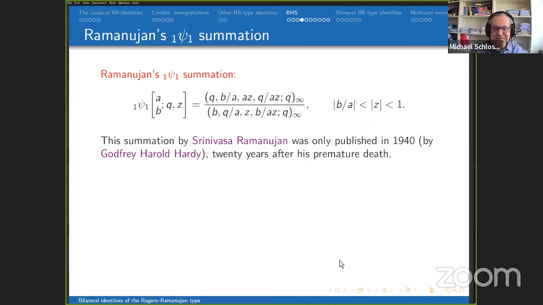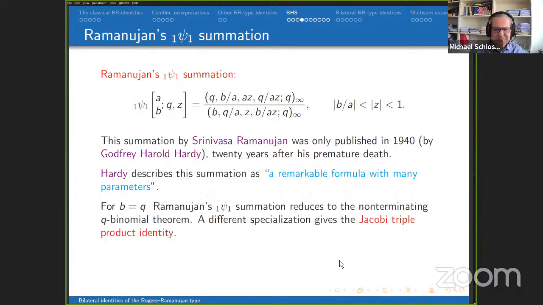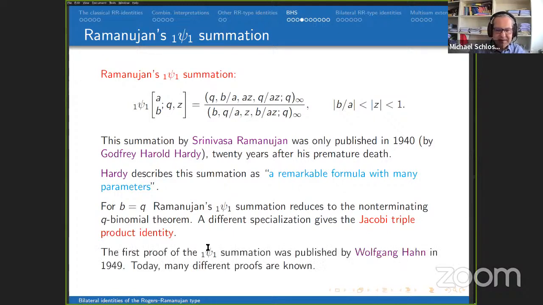Also, Hardy found this in the work of Ramanujan, probably in his unpublished notes. He published it in 1940 without proof, and described it as a remarkable formula with many parameters. It also contains, as a special case, the Jacobi triple product identity, which I will show later because we will need it.